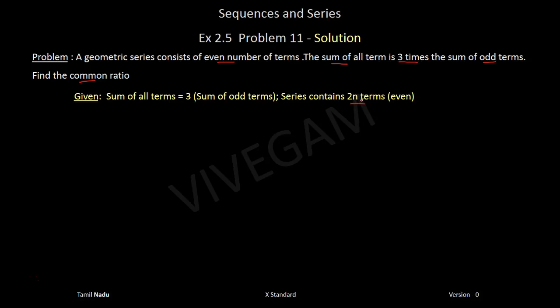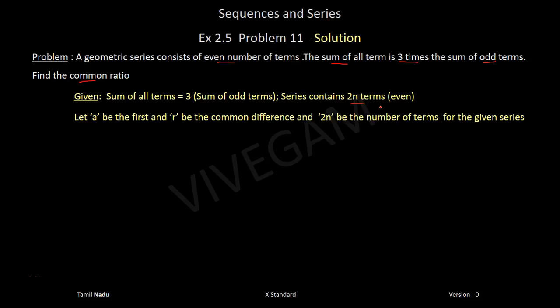2n terms means you will have n odd terms and n even terms. We'll do that a little later. Now let a be the first term, r be the common ratio, and 2n be the number of terms for the given series. What is our left hand side? The sum of the 2n terms.